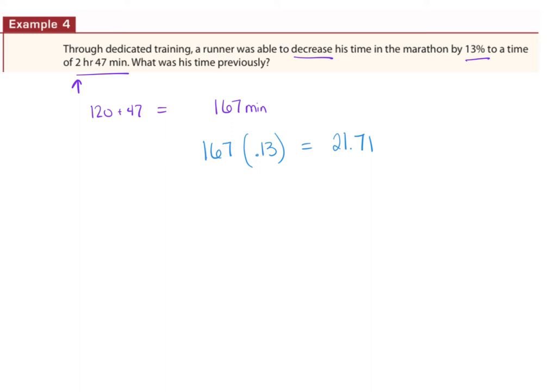So if he decreased his time by 21.7 minutes, this was his original time, right? Then we would have to add it in there, right? So it was about 22 minutes. So about what? 197 minutes or whatever.